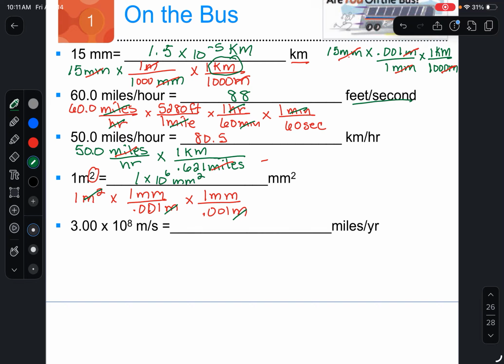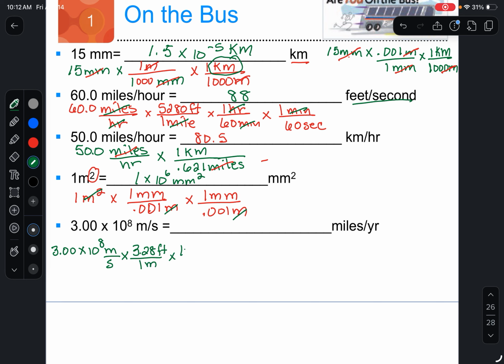millimeters squared. And then our last sample problem is a nice long one, in that we have 3 times 10 to the 8 meters per second, and we're going to miles per year. Okay, so let's start with, we know we have 3.28 feet in 1 meter.